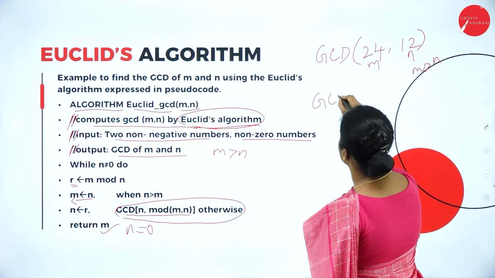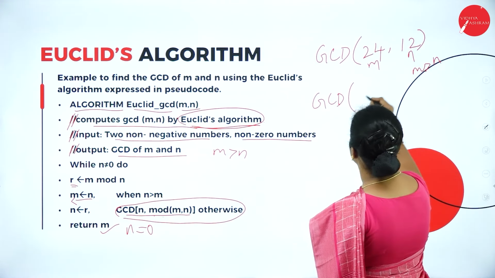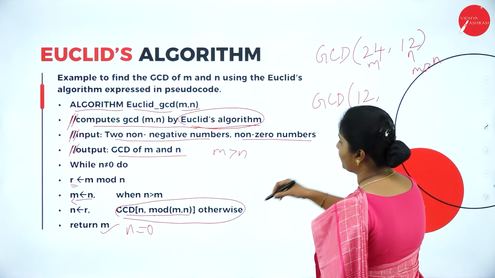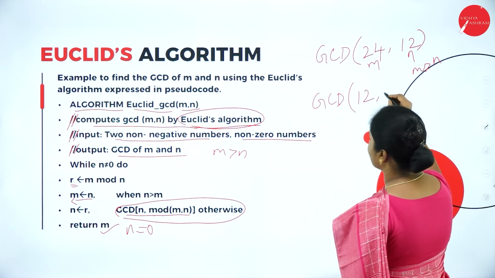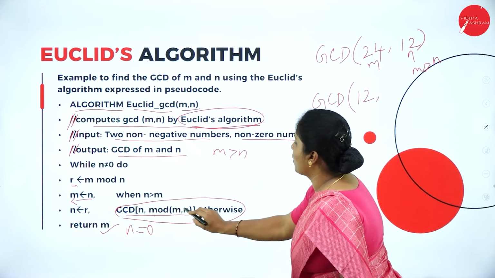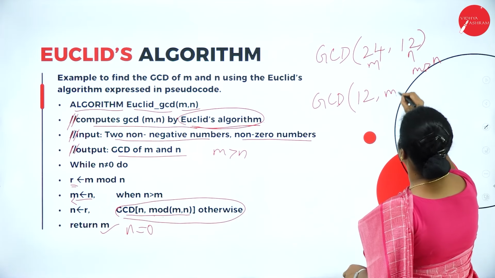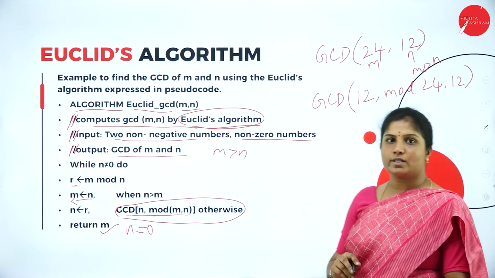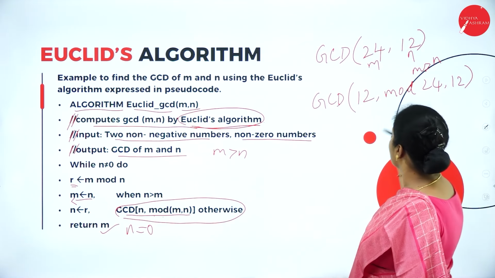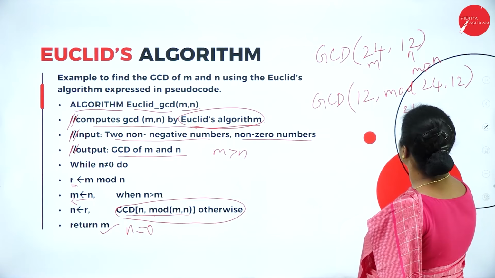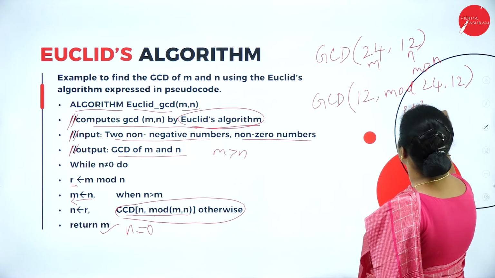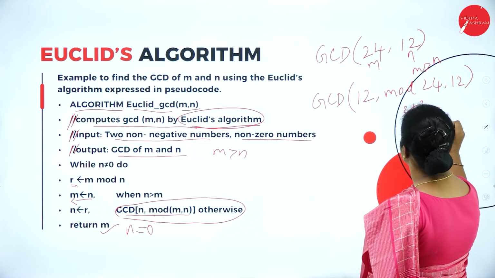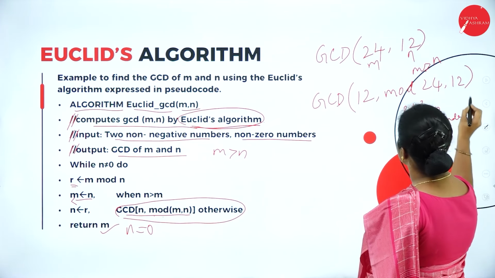That is GCD of n, what is the value of n? 12, comma, then m mod n. What is that? 24 mod 12. What is the result of 24 mod 12? 24 divided by 12, the remainder is 0. The remainder is 0.